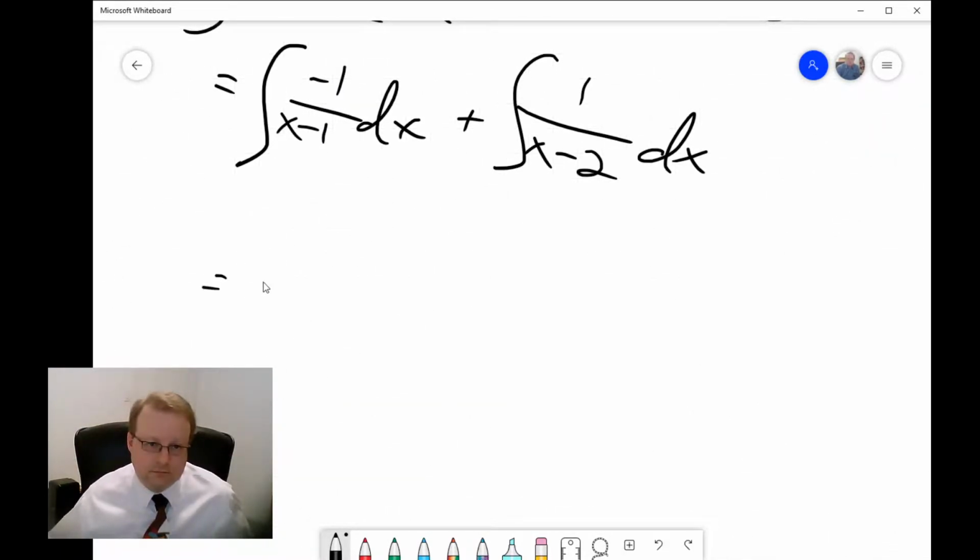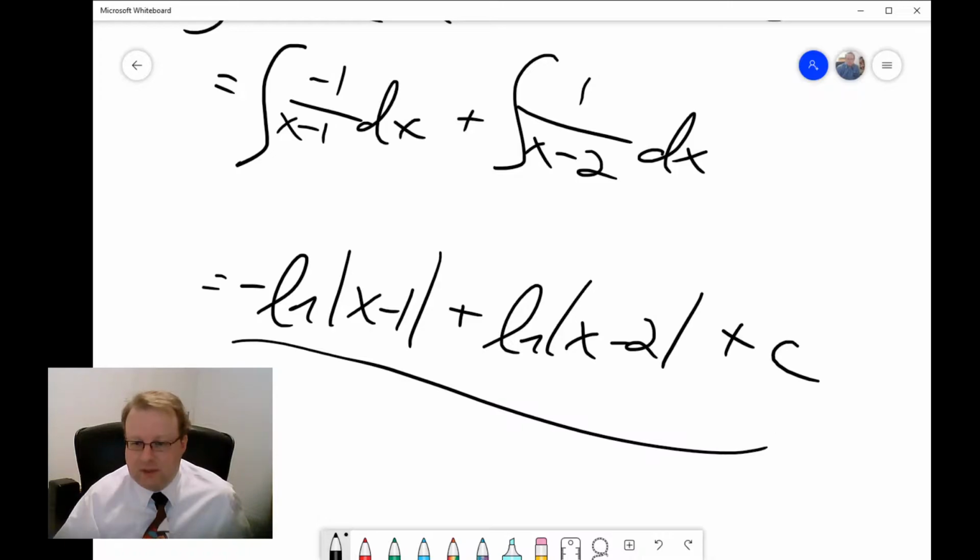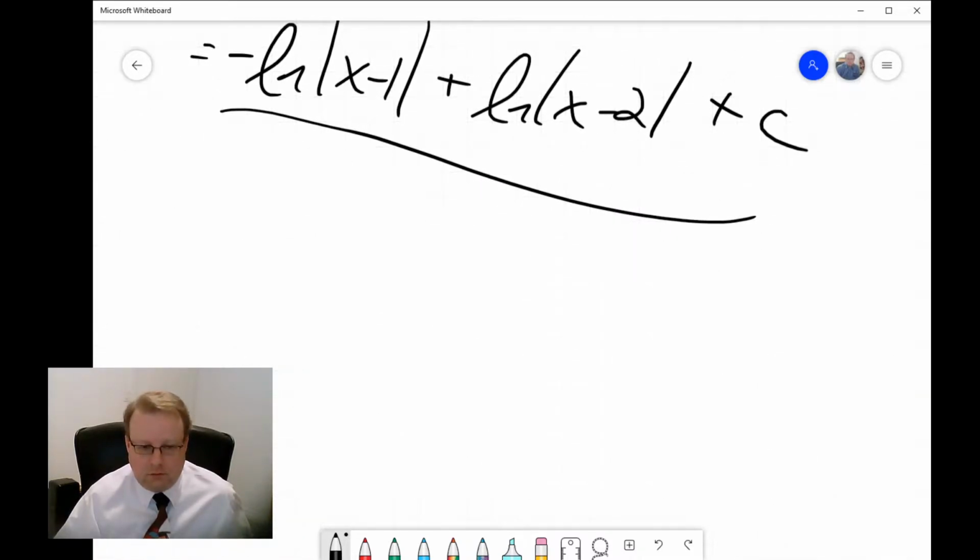Or the negative log of x minus 1 plus the log of x minus 2, and then we always add our constant C. So this is how we can handle integrals over polynomials of degree higher than we're used to. We break them down into separate fractions and combine them with the method of partial fractions.